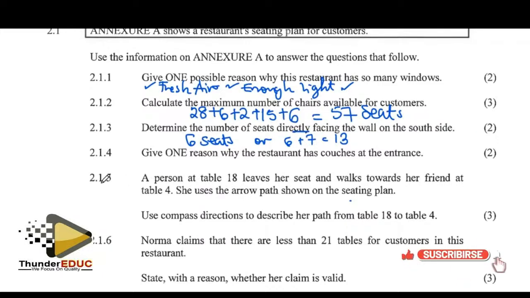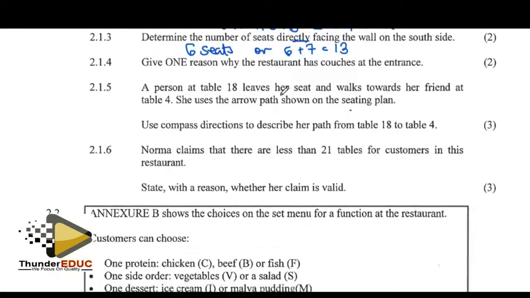So here we go. 2.1.5. A person at table 18 leaves her seat and walks towards her friend at table 4. She uses the arrow path shown on the seating plan. Use the compass direction to describe the path from table 18 to table 4.